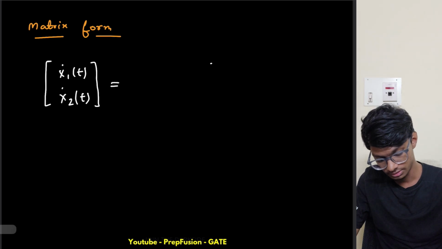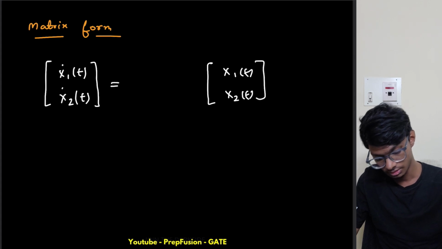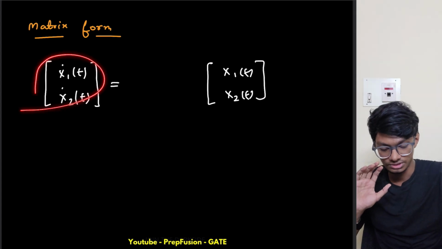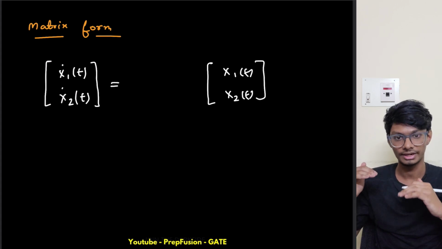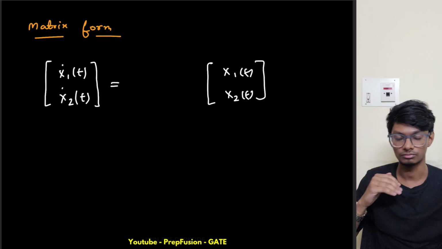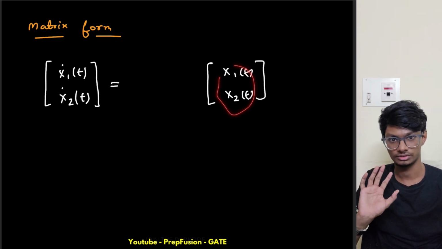This is multiplied with x1 of t and x2 of t. These have some specific names, these are column matrices. I will teach you all these things in a more formal manner, but for now just understand we'll have x1 and x2 here.